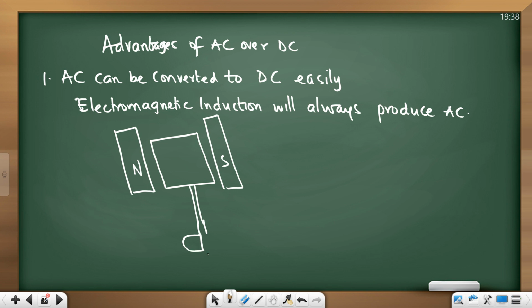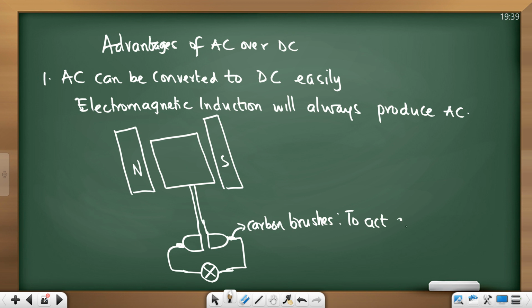I am going to use commutators, and I'm sure you know what those are. We are producing electricity, it's a generator, all right? But these are what? Carbon brushes. And what are the functions of carbon brushes? To act as a connector between the rings and the external circuit.